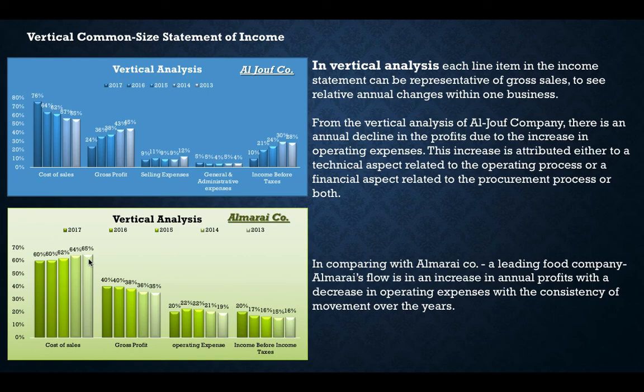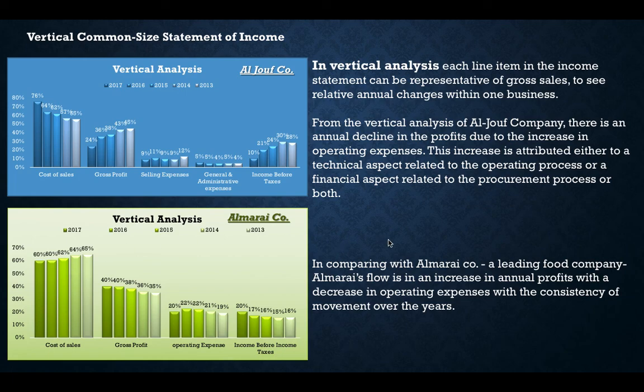Here, in 2013 it was 65%, then decreased to 64, 62, 60, 60. This is the difference. But in our example, the expenses increased. And the same for operating or gross profit; other expenses are stable. The main point here is the cost of sales.